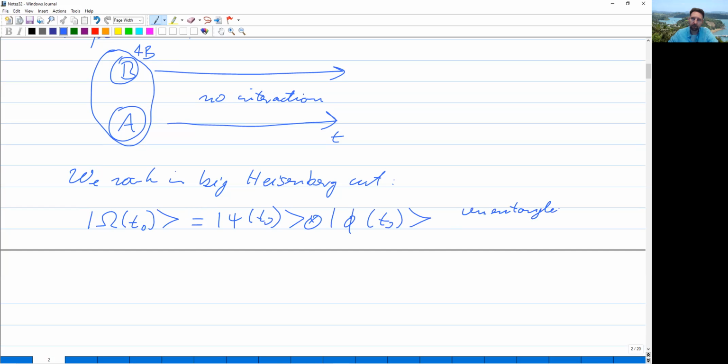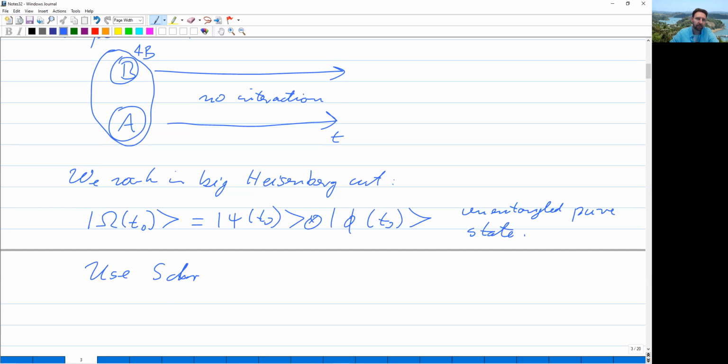Unentangled pure state. Well, we know it's pure because we can write it simply as one vector instead of a density matrix. And it's unentangled because it's a tensor product of two vectors here. So then we use the Schrödinger picture. Could use other pictures, but it doesn't really matter.